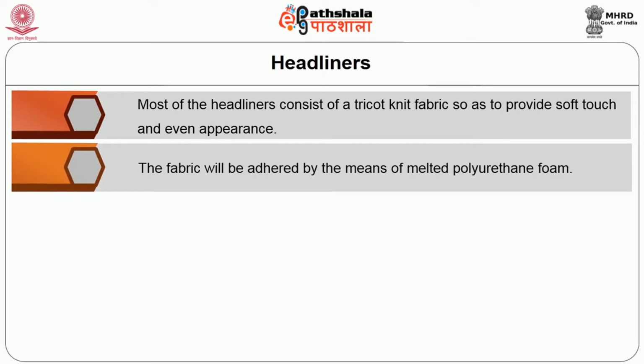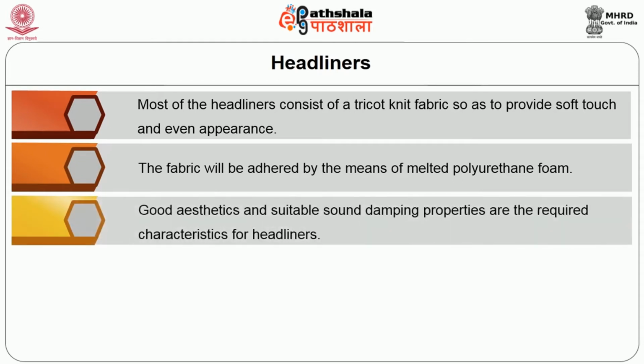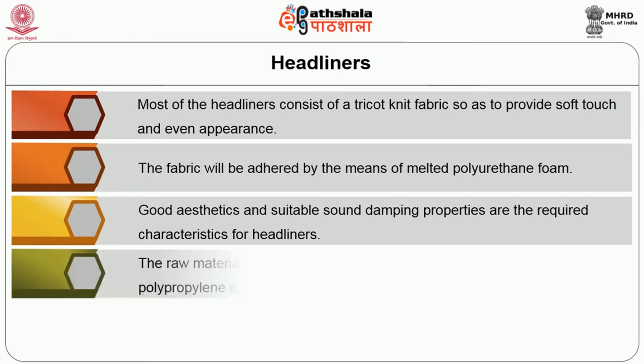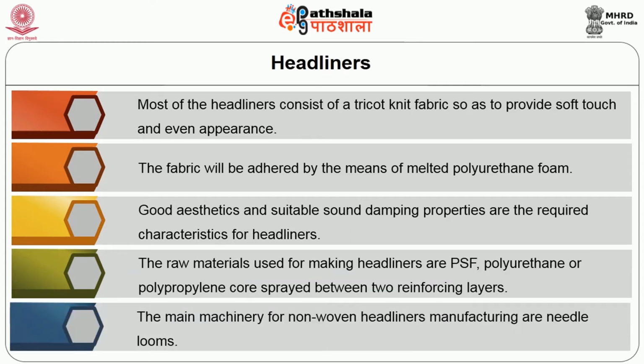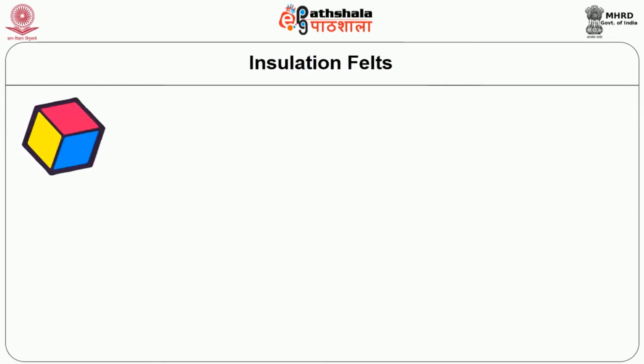The fabric will be adhered by means of melted polyurethane foam. Good and suitable sound damping properties are a required characteristic for headliners. The raw materials used for making headliners are PSF, polyurethane and polypropylene core sprayed between two reinforced layers. The main machines for non-woven headliner manufacturing are needle looms.